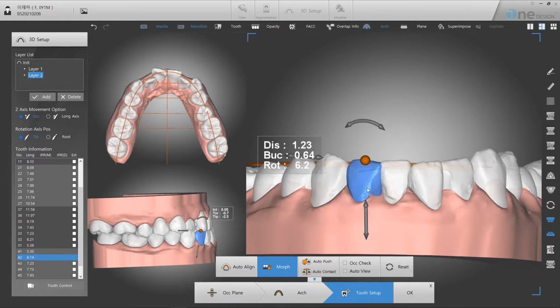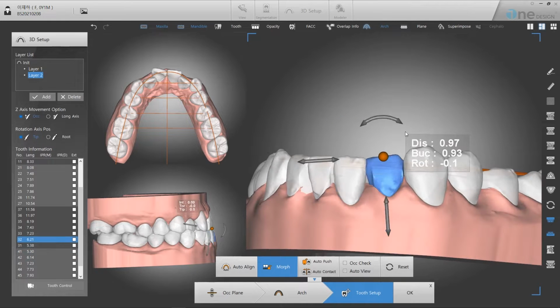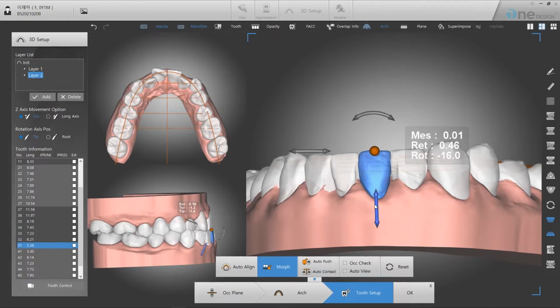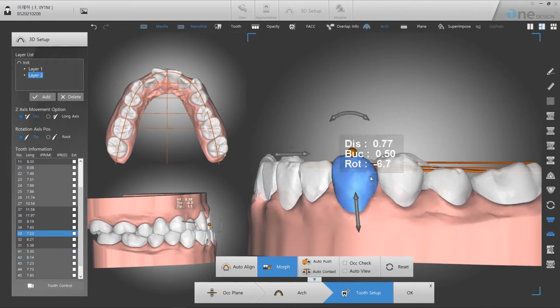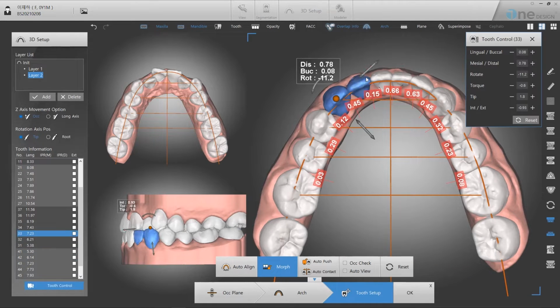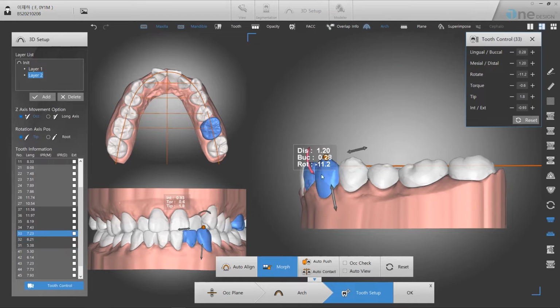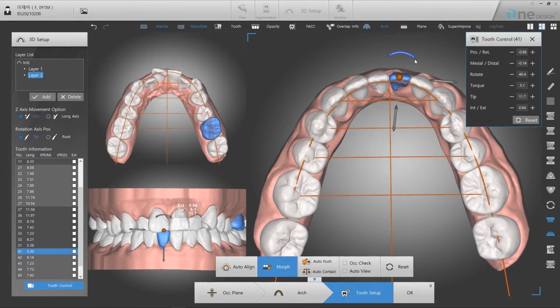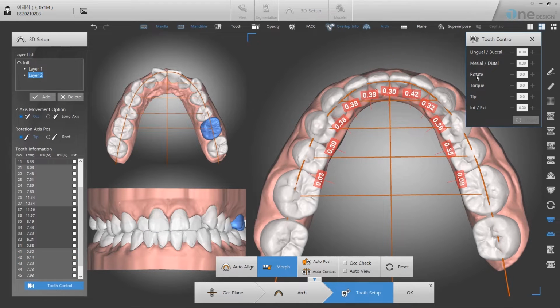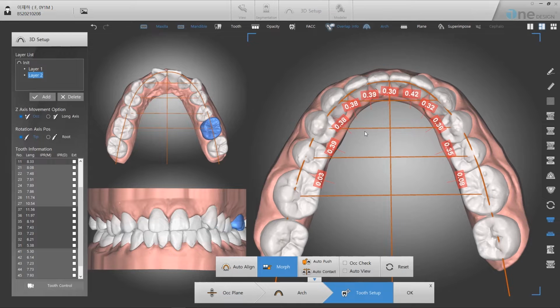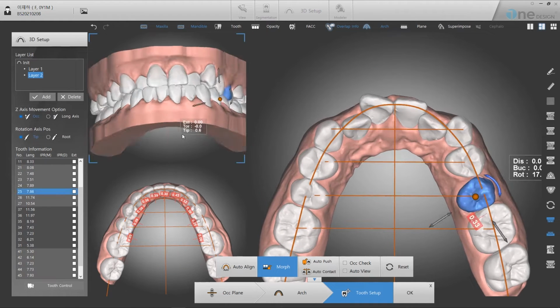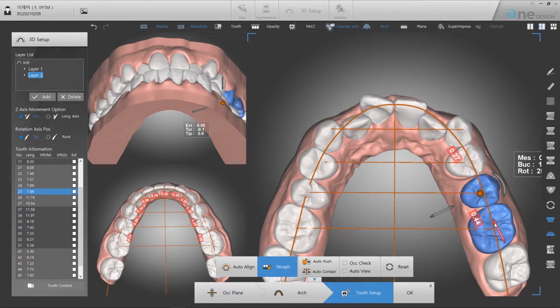Adjust axis by applying minus torque. Aligns the maxilla.